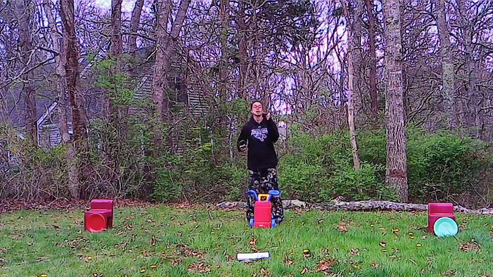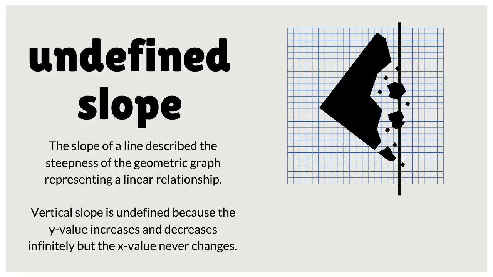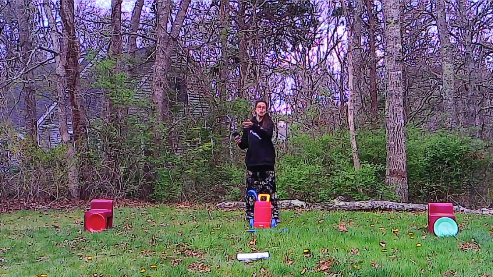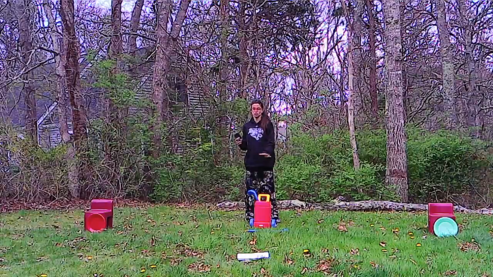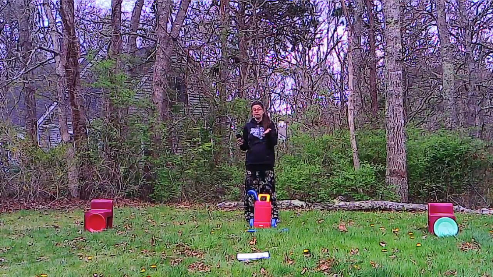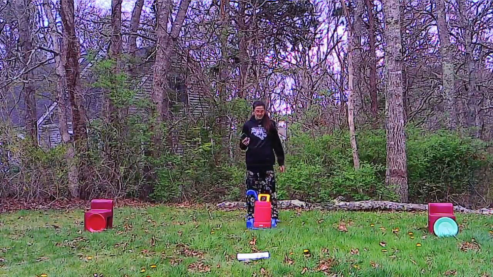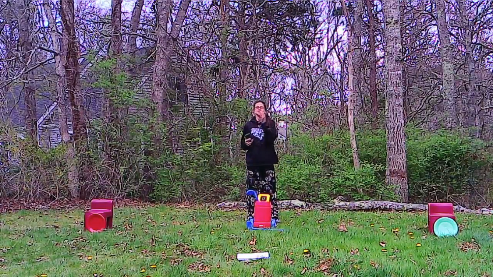And an undefined slope is sort of like falling rocks or dropping an object. There's no change in its direction from a starting point in relation to the ground. It's moving, for sure. Like this little golf club is definitely moving, but it's not moving left and right, it's moving up and down.